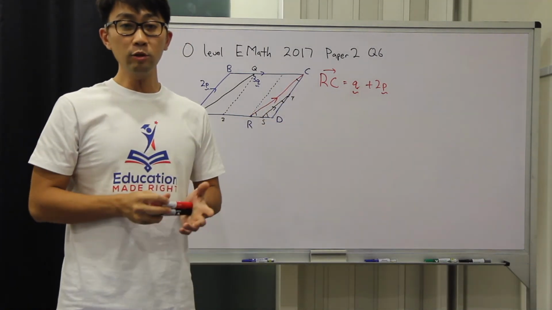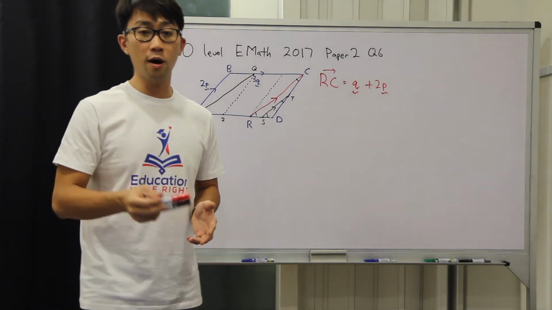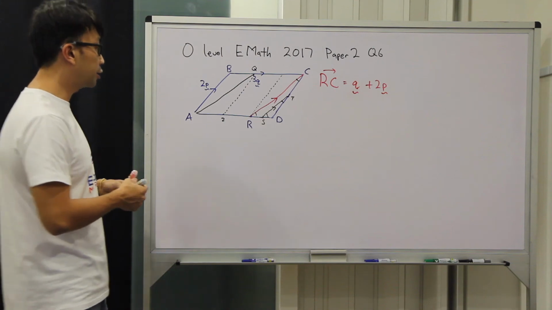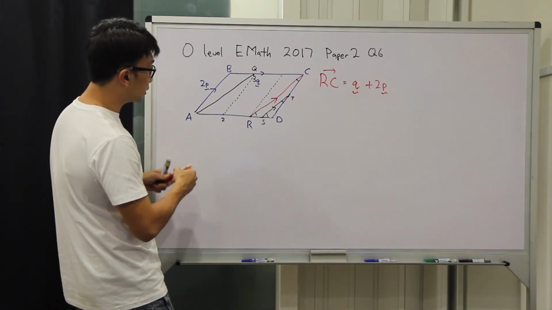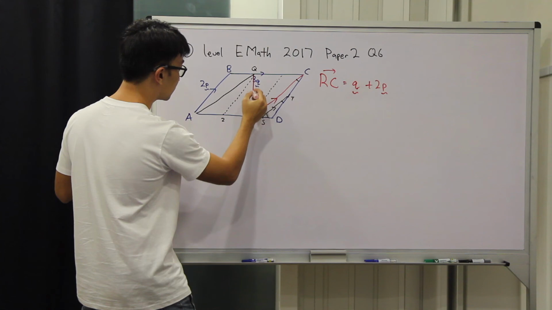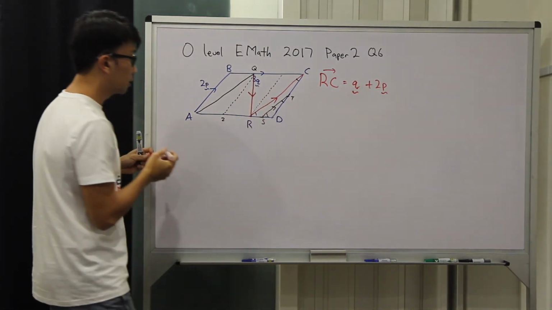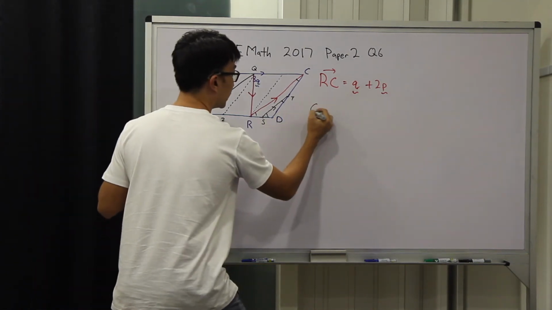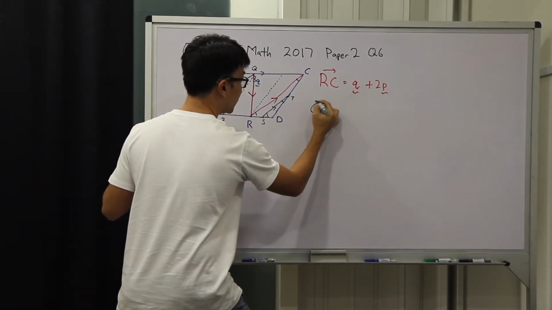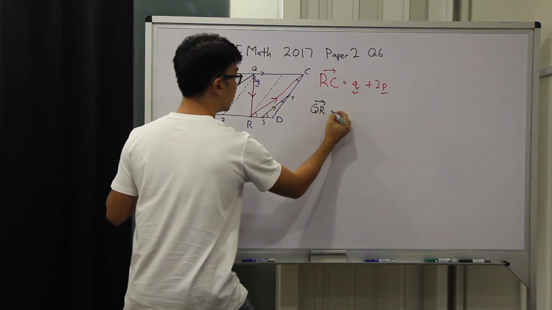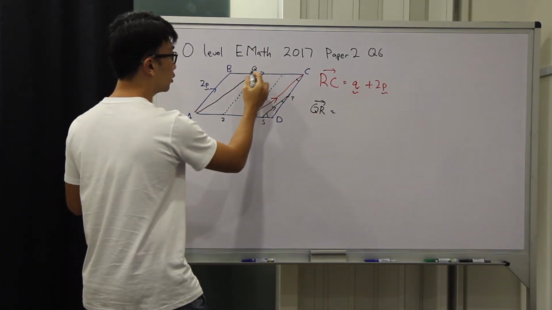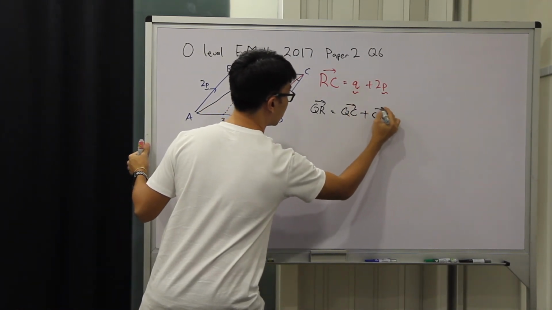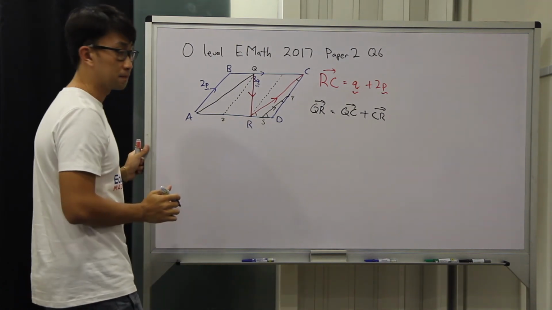Okay, so now the question is asking, find QR as simply as possible in terms of P and Q. So let's have a look at where QR is. QR is going to be here. Similarly to part 1, we know that vectors can be defined by the addition of other vectors. We can utilize the addition of QC plus CR to help us find QR.